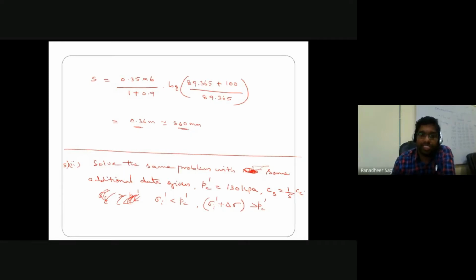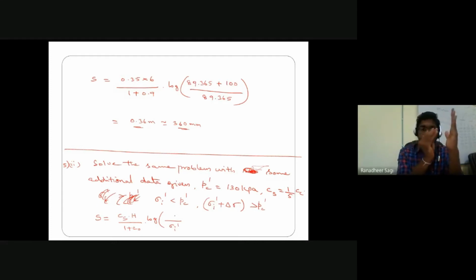In such a case, what expression should I use for estimating the settlement in the soil? Cs into H by 1 plus e naught into log of the stress ratio is okay, but for the numerator, from which state of stress to which state of stress is the compression curve in the over consolidated state, and from which stress to which stress is your soil in the normally consolidated state?